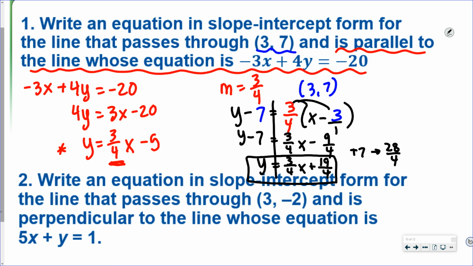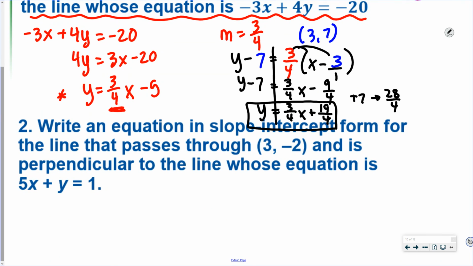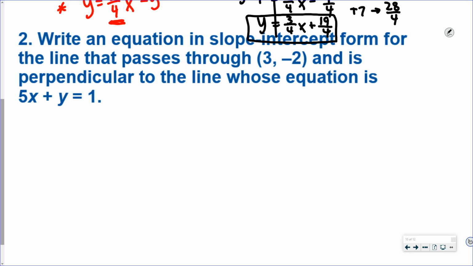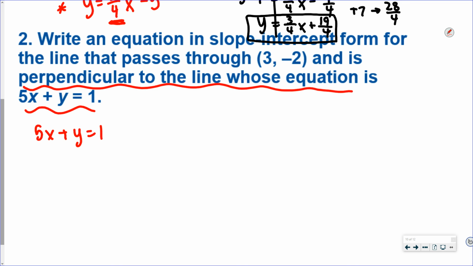Okay, similar problem here in number 2, but this time they want me to write an equation in slope-intercept form for the line that passes through (3, -2), so I have a new point here, and it's perpendicular to the line whose equation is 5x plus y equals 1. What's the slope of this line? 1.